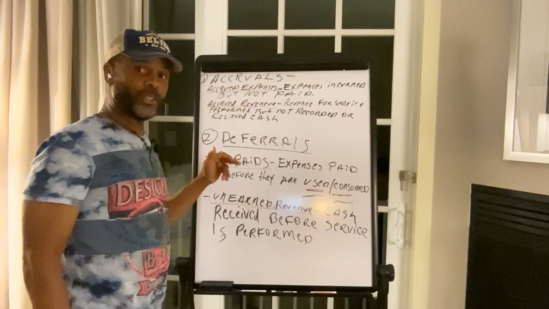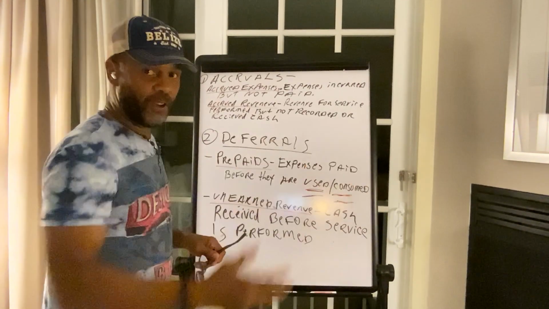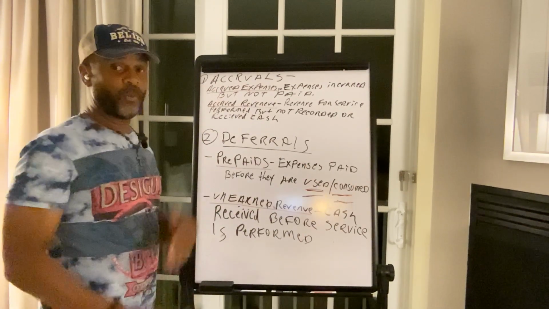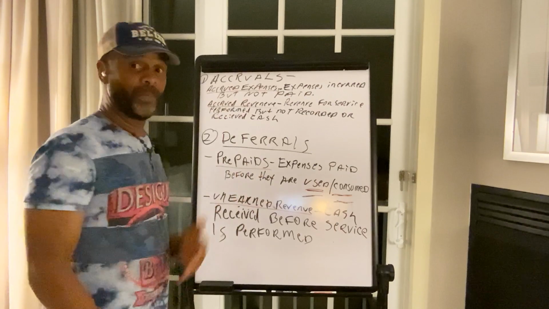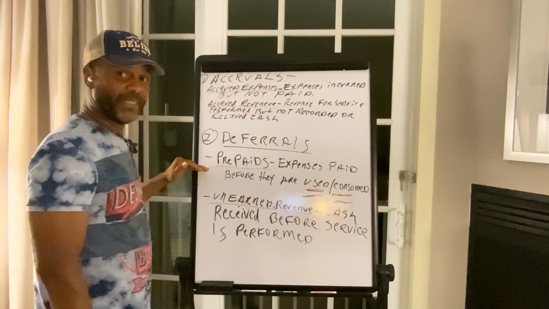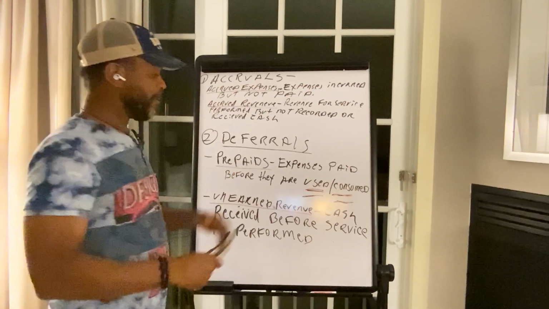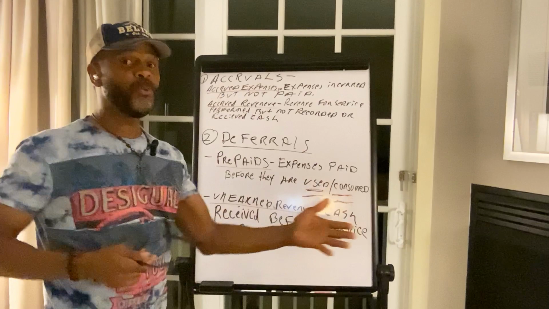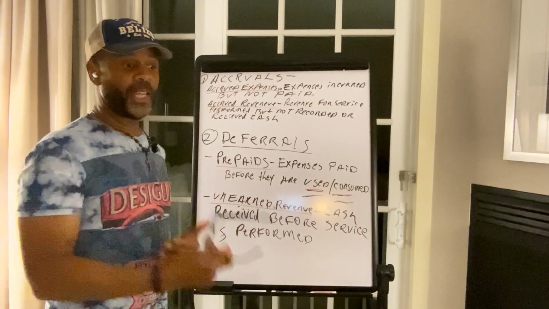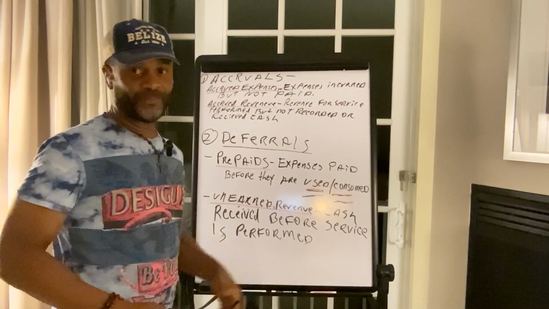Now, deferrals, listen to this. A deferral is like putting things off, right? So from a revenue hit and expense hit. But let's talk about those things that maybe affect expenses. Prepaids. Prepaids are things that you pay way before you even use or consume that particular item. That could be insurance.